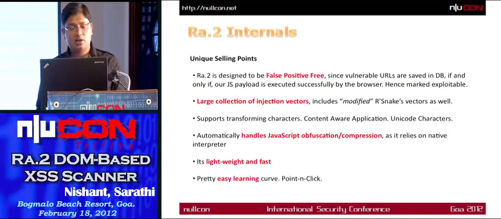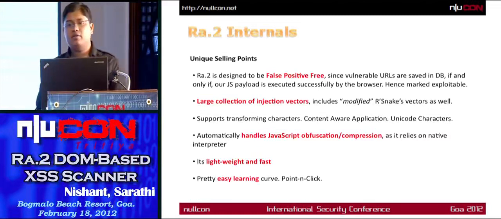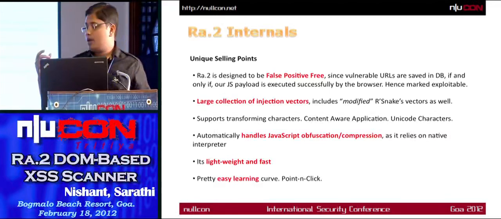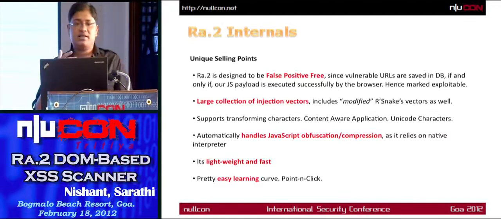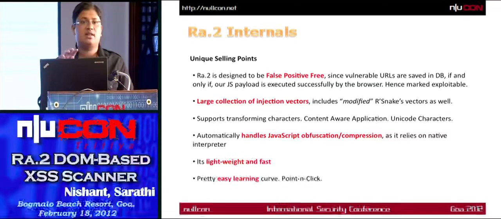We have a large collection of injection vectors we have collected from multiple sources, primarily from Arsenex's vector list, and we have modified everything. In the typical XSS vectors, they have this script alert thing, so you visually see there is an XSS.